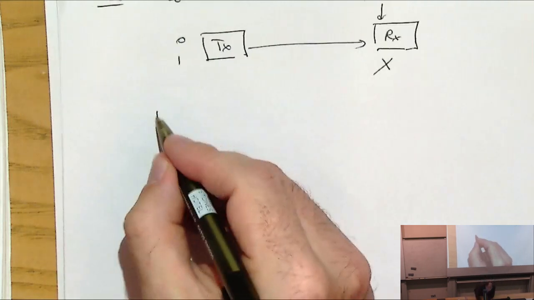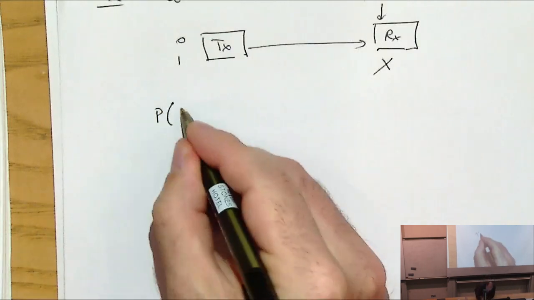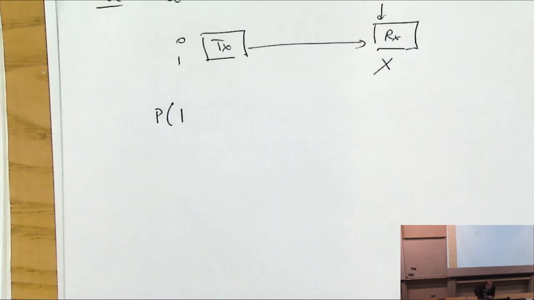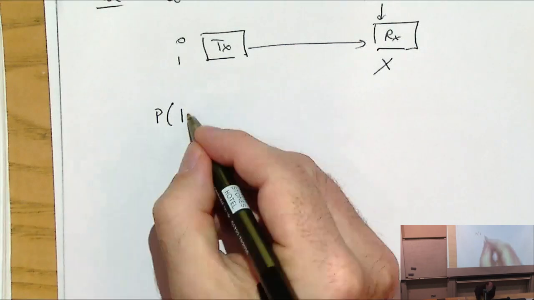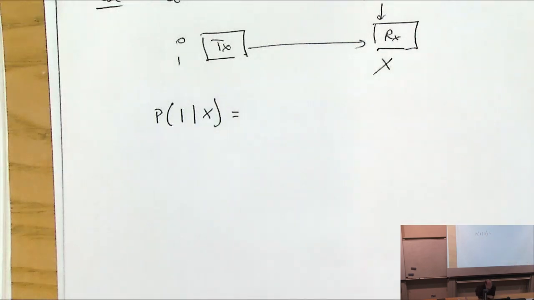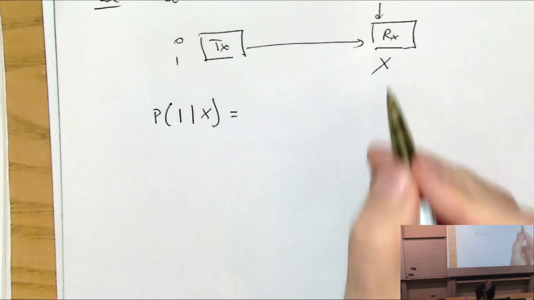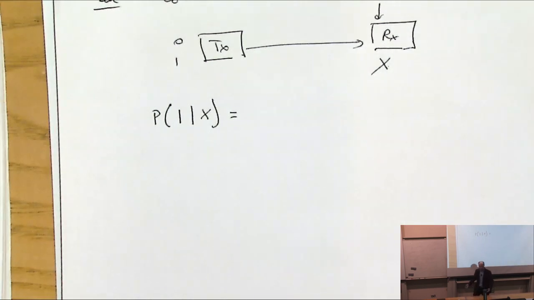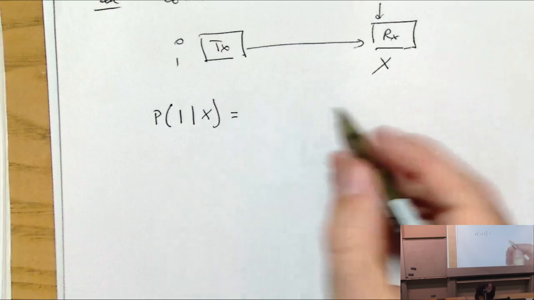We try to identify what's the probability that 1, for instance, was transmitted, given that x has occurred. Right? This is what you get at the receiver. Is some data corrupted by some noise. Is, for instance, the 1 that is being corrupted by some noise. And what you try to calculate is what's the probability that 1 was transmitted given that x has been observed or has occurred.